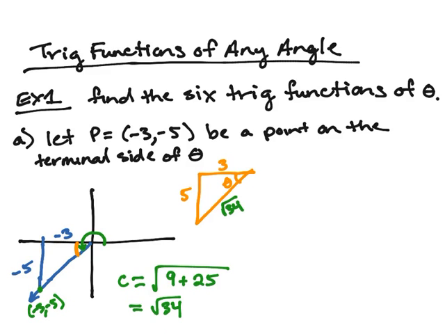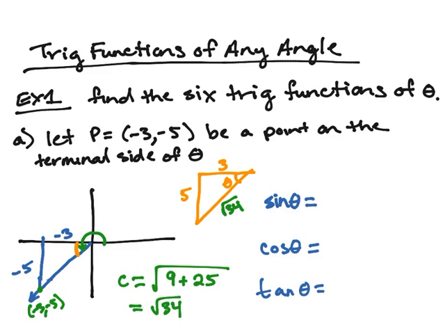So based on the triangle, yes? Okay, so let's start with the 3 trig functions that we know really well. Sine, cosine, and tangent. We're going to find them first, then we'll find their reciprocal functions. Sine theta is opposite over hypotenuse, right?